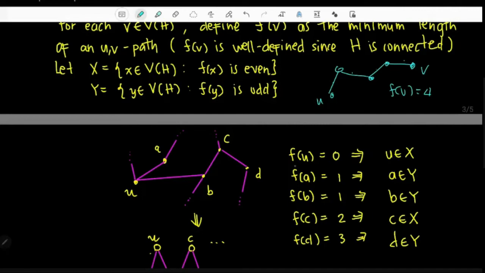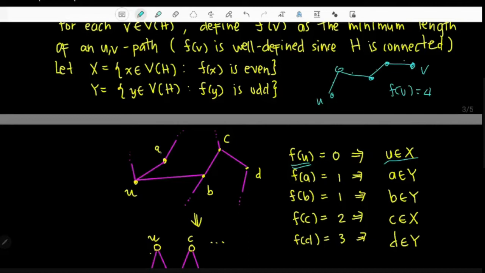If we want to get f(U), since U requires a path of length 0 to get from U to U, then f(U) is 0. So U belongs to X because 0 is even.